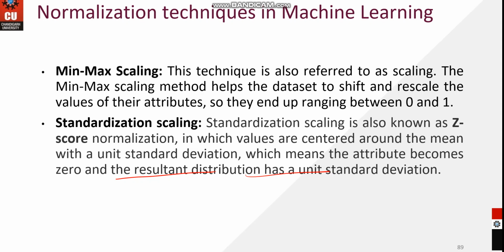In normalization, the scaled values range between 0 and 1 or -1 and 1, whereas in standardization the values are not bounded to a range. Normalization is affected by outliers, whereas standardization is not affected by outliers. Scikit-learn in Python provides a transform called MinMaxScaler for normalization, and it also provides a standardization method using standard deviation.